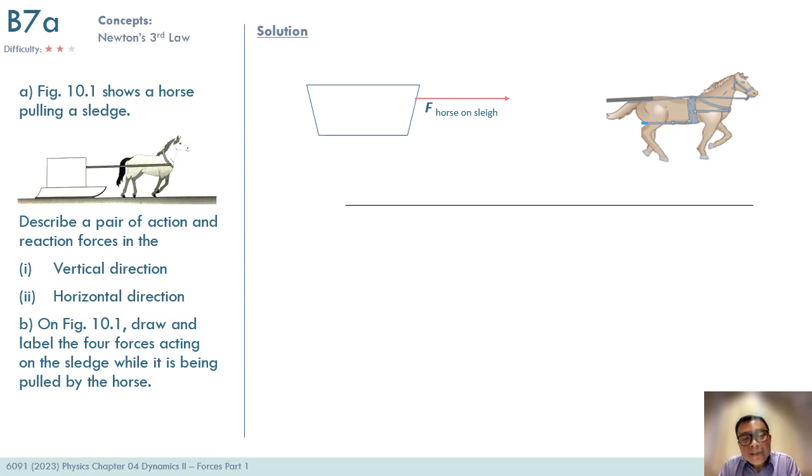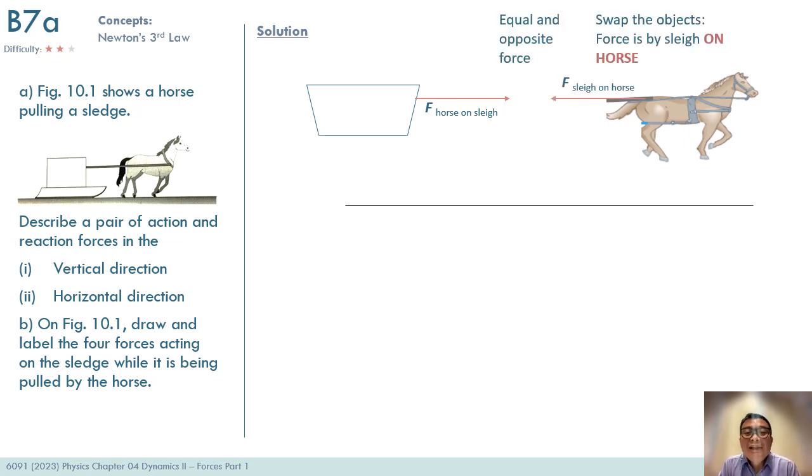Again, I reiterate, it's important to label the force with the two objects involved, because in the next steps you will reverse the arrow direction and you will also swap the objects in your label. So by doing that, you realize that the pair force is a pulling force on the horse itself by the sleigh. So this is one pair of forces.